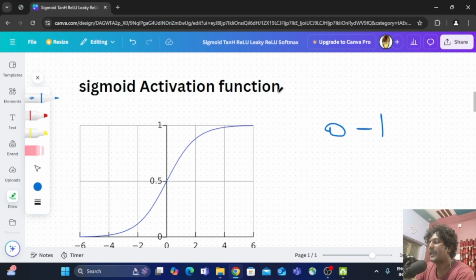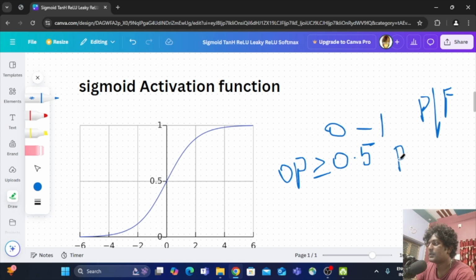Let's take an example of a student passing or failing. If the output is greater than or equal to 0.5, you can say it is pass.